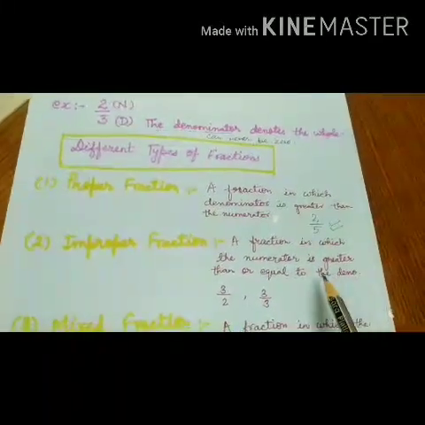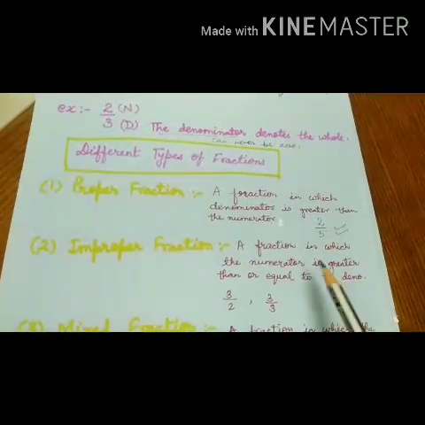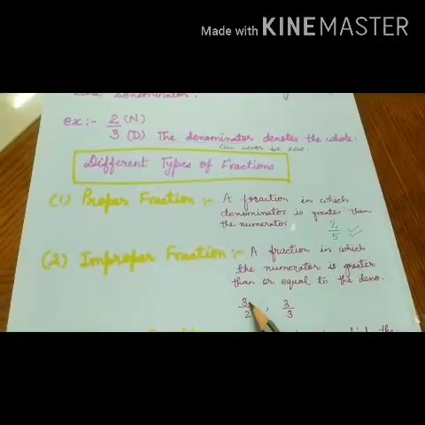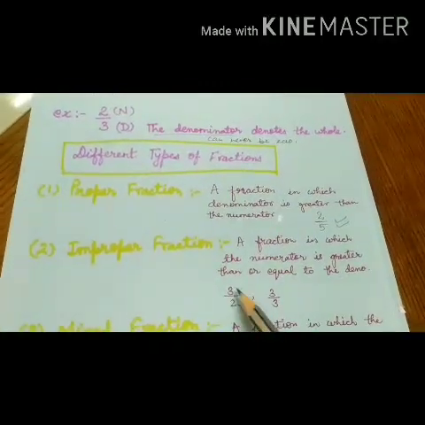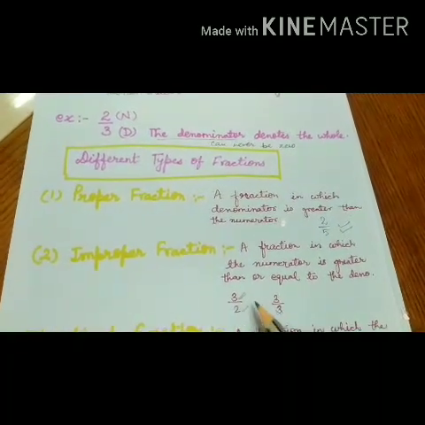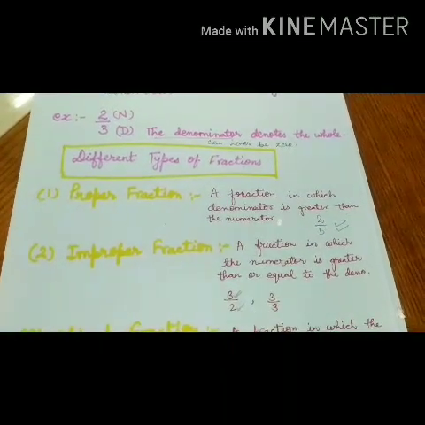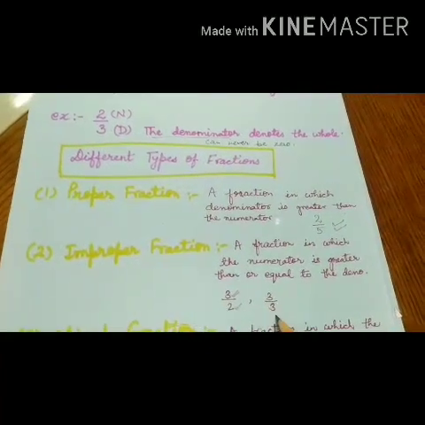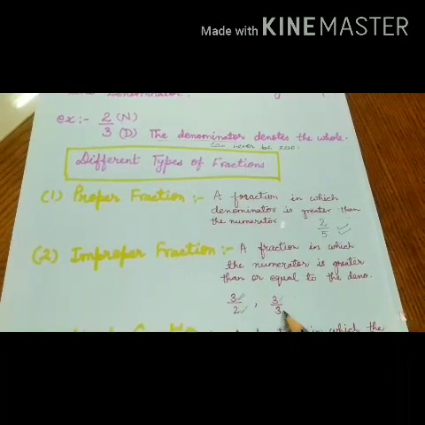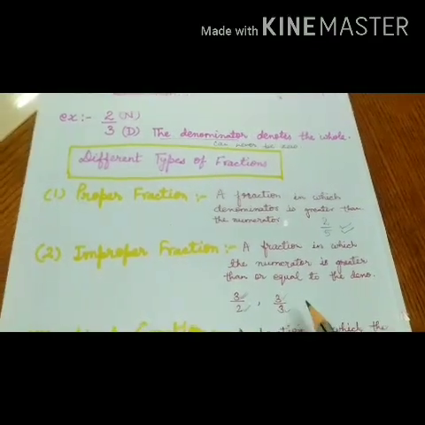Its numerator is bigger. See, I have written the numerator bigger than the denominator, so it is an improper fraction. Okay, and 3 by 3 is equal to each other, where the denominator and numerator are equal.